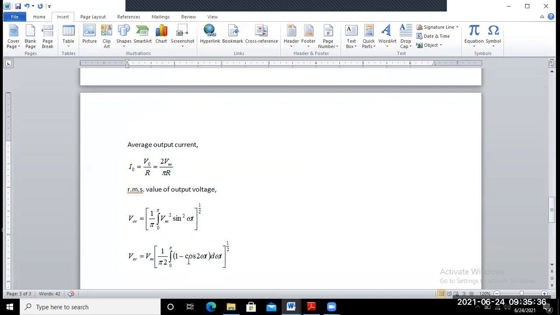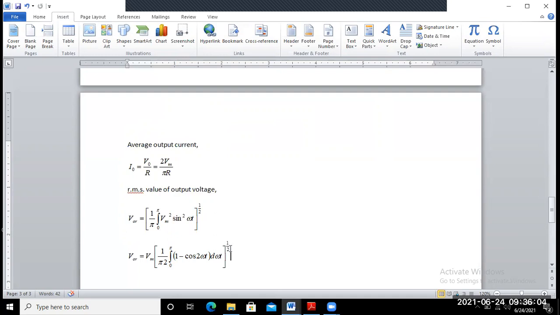The cos 2 omega t integrates to a sine term, and the value of the sine term at 0 and at pi is 0, so the sine term cancels out. Pi remains in the numerator and pi is in the denominator, so pi is cancelled out. Only 1 by 2 to the power 1 by 2 remains.